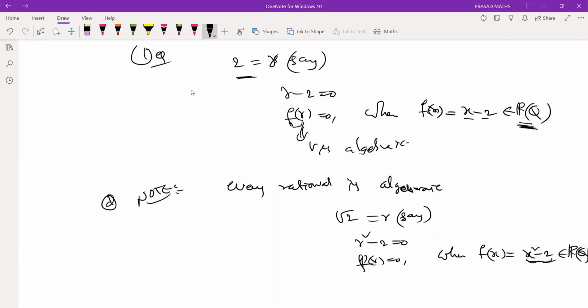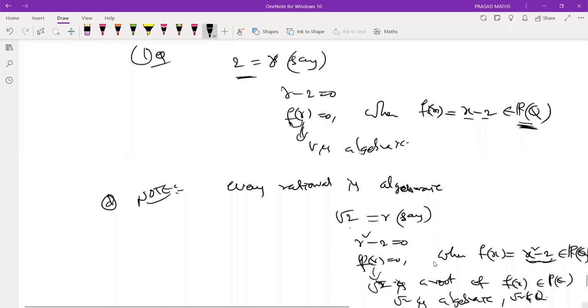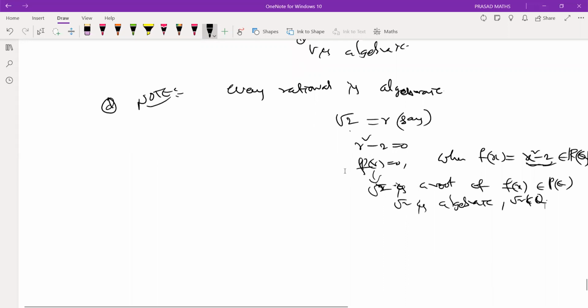So f of r equals 0, therefore r is a root of the polynomial f of x over Q. Therefore root 2 is a root of f of x, so root 2 is algebraic. But it is not rational. Okay, the converse may not be true.